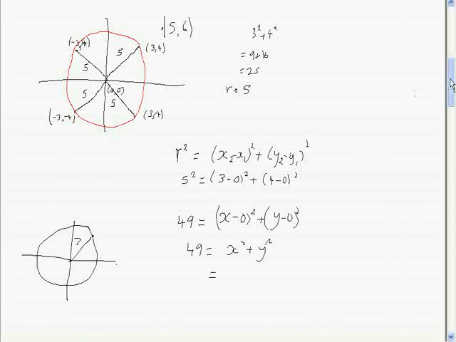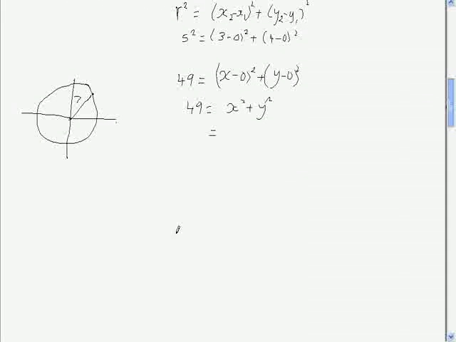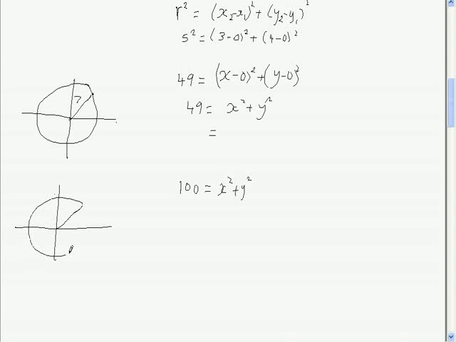Let's look at another circle equation. I'll say 100 is equal to x squared plus y squared. So in this equation, what's the radius? The radius is of course 10, the square root of 100. Let's say you want to figure out this point here, where the y coordinate is in fact 0.